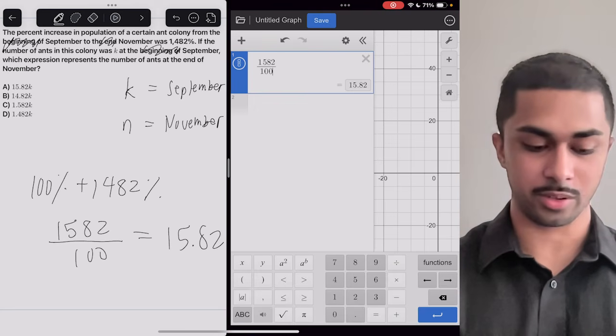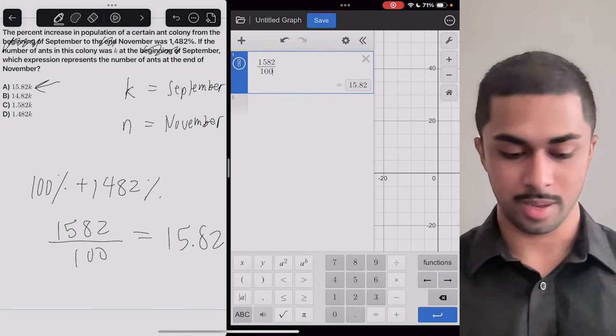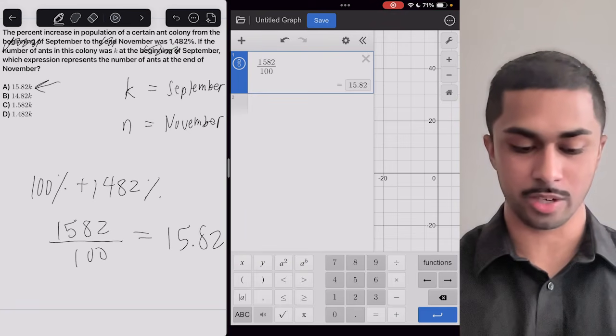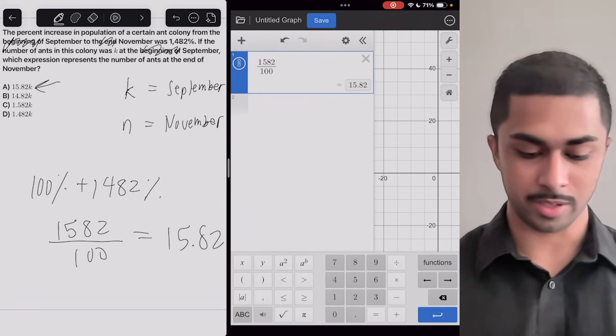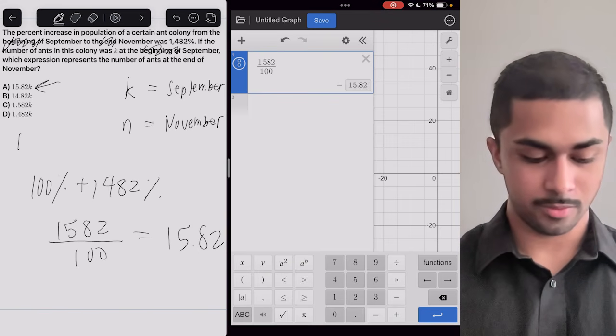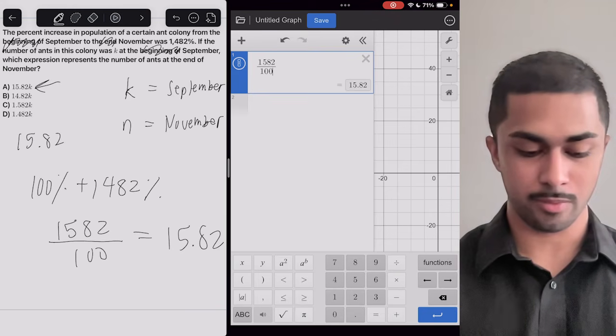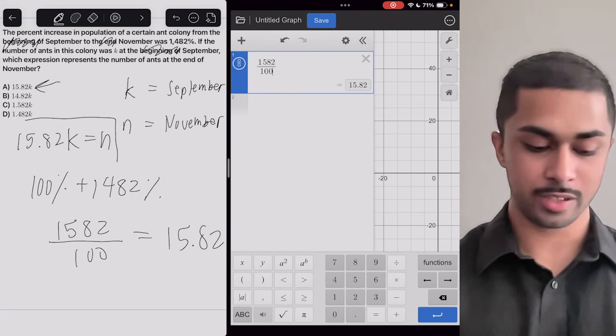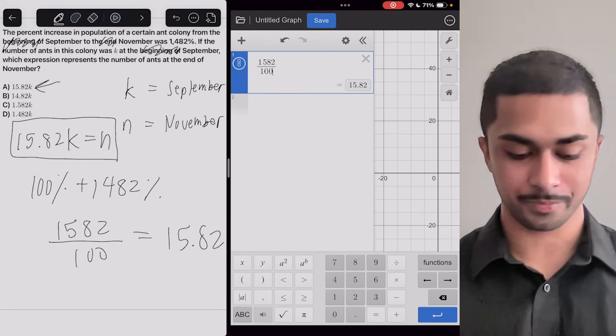And as you can see, there's only one answer choice that matches that, right? So if we were to write this out as an equation, we're basically saying that since N is the bigger one, we have to multiply 15.82 to K for it to equal N. So this is technically our equation.